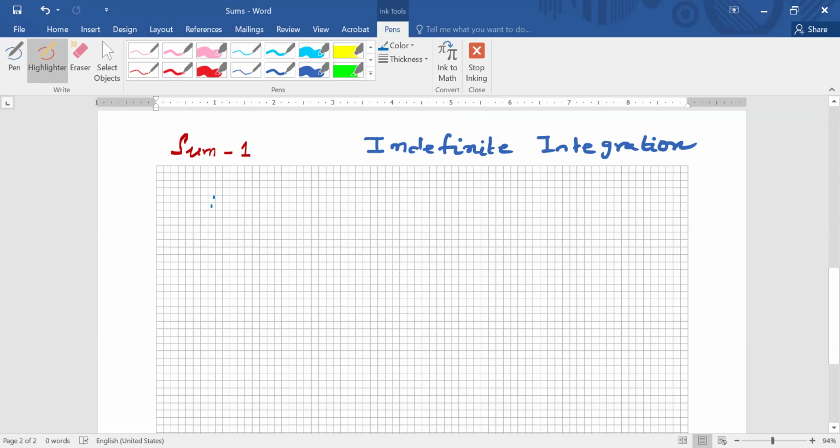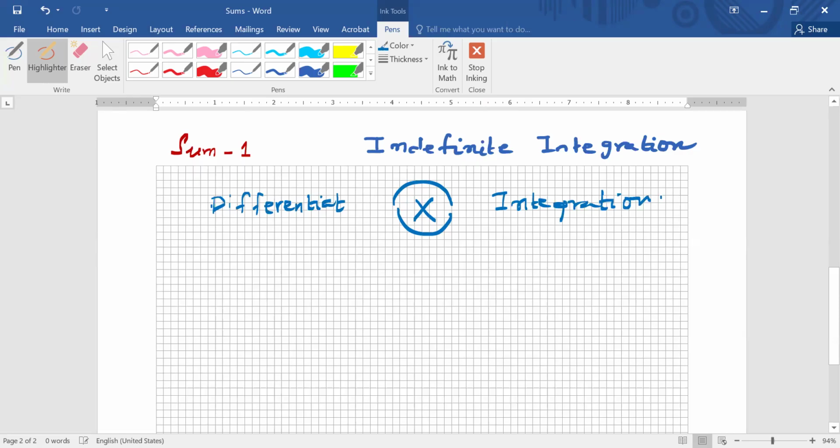So first of all, let us understand differentiation. There is something called differentiation. The opposite of it is integration.